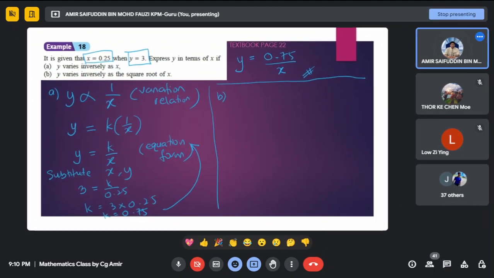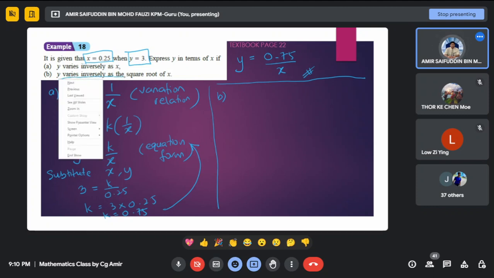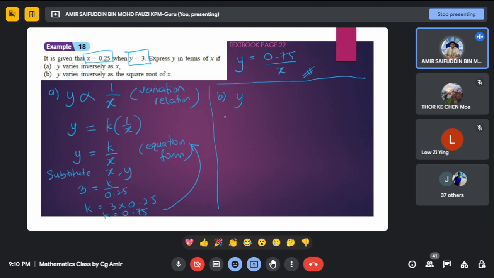Okay, so continue with B, the second question. The second question: y varies inversely as the square root of x. Write down the y, varies, put a variation symbol, inversely. So inversely is 1 over the square root of x.